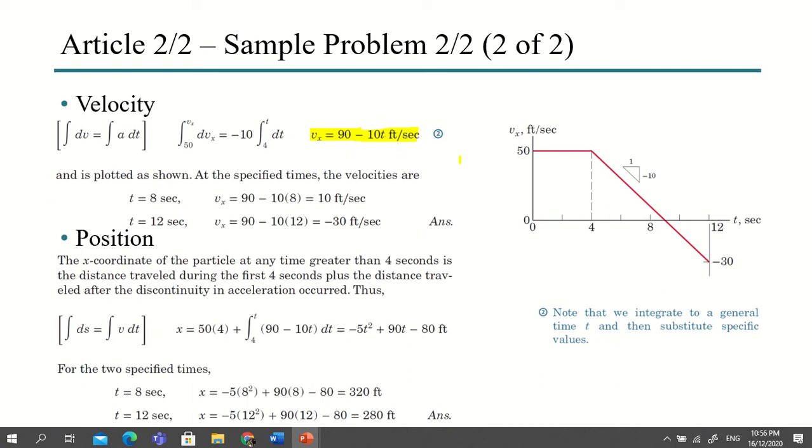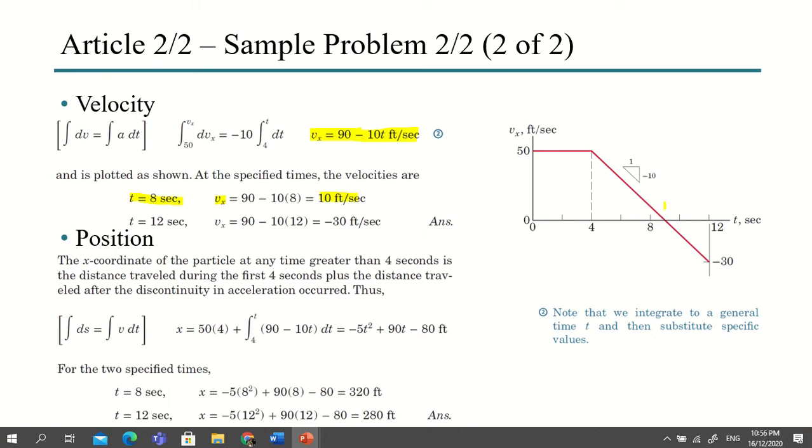And now as plotted here in this graph, at the specified times, the velocities are the following. By the way, class, this will be plotted using the information that we have here. So at t equal to 8 seconds, using this equation, we got Vx equal to 10 feet per second.